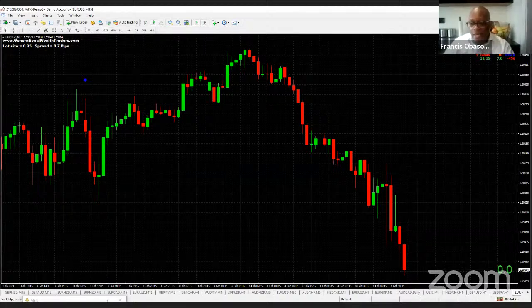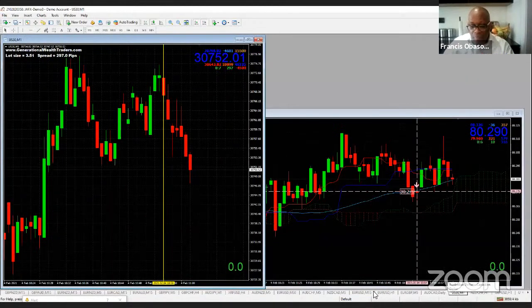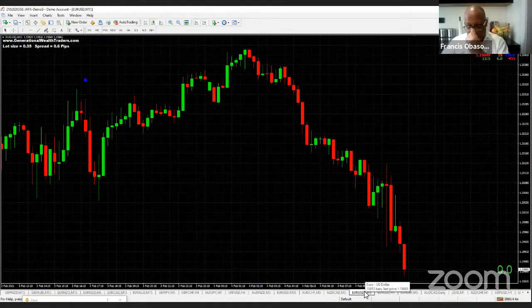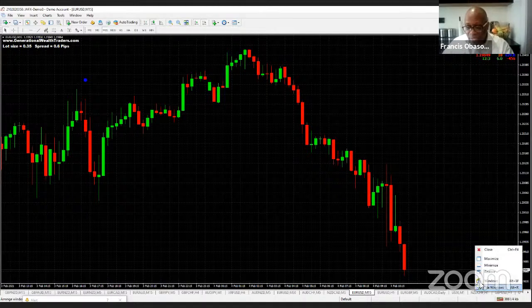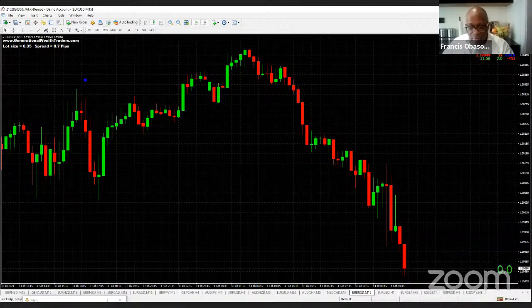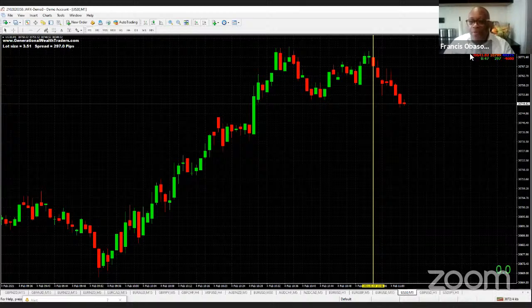And as you can see here, that is the current price for Euro USD. Let me just close some of the pairs on here. Okay, so this is the current price for Euro USD, and that is the price for the Dow Jones or the US 30.